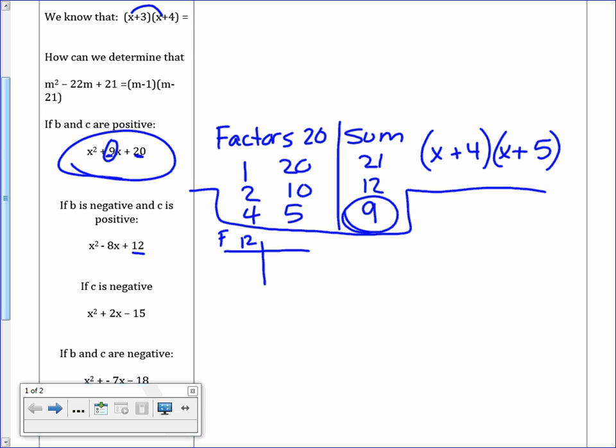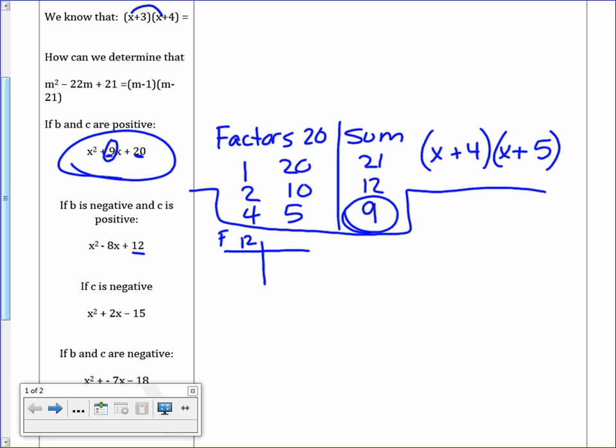So we need to know our rules for integers as well. Because I have a negative 8x, what's going to happen is I would have a negative times a negative to equal that positive, and then add the two negatives to equal that negative 8x.